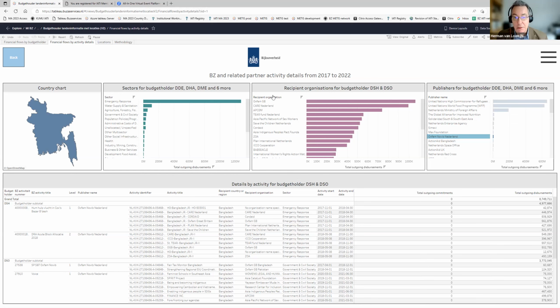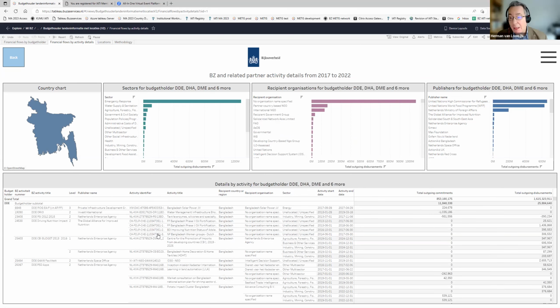What you can see here is all the recipient organizations in Bangladesh. And what you can see here is the publishers which publish specific data for Bangladesh. I have to change something here. Yes, now I have visibility on the whole screen.